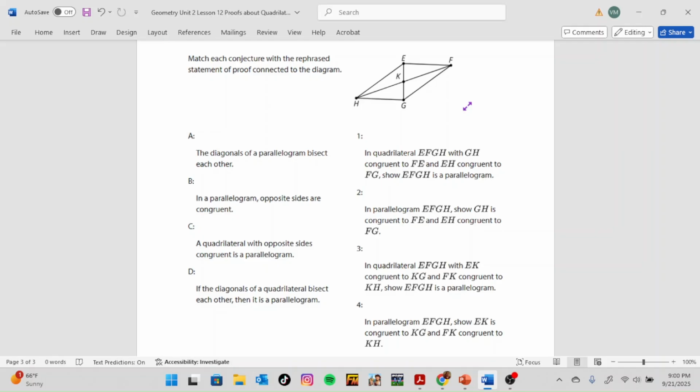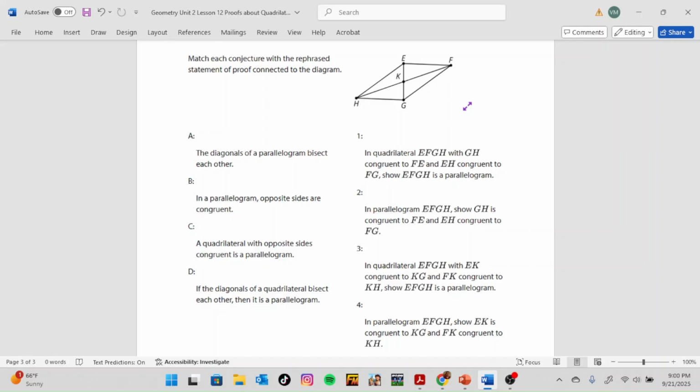That doesn't have anything to do with the diagonals, so it wouldn't be number 1. Number 2, in parallelogram EFGH, show that GH, the line along the bottom, is congruent to FE, the line along the top. Again, that doesn't have anything to do with the diagonals.